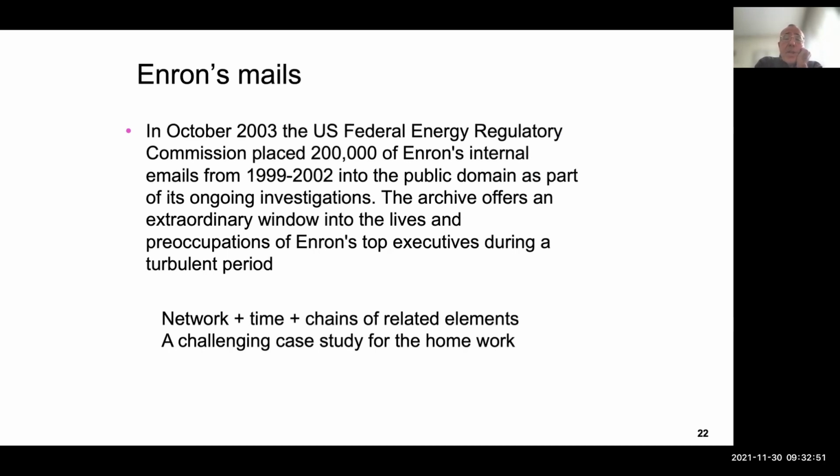There was an investigation in 2003 from the US Federal Energy Regulatory Commission, and they caught about 200,000 emails in 3 years of time from the employees of Enron. Enron was investigated for something, and this is a very crowded network. Think of all the mails that were exchanged between these guys, 200,000 mails.